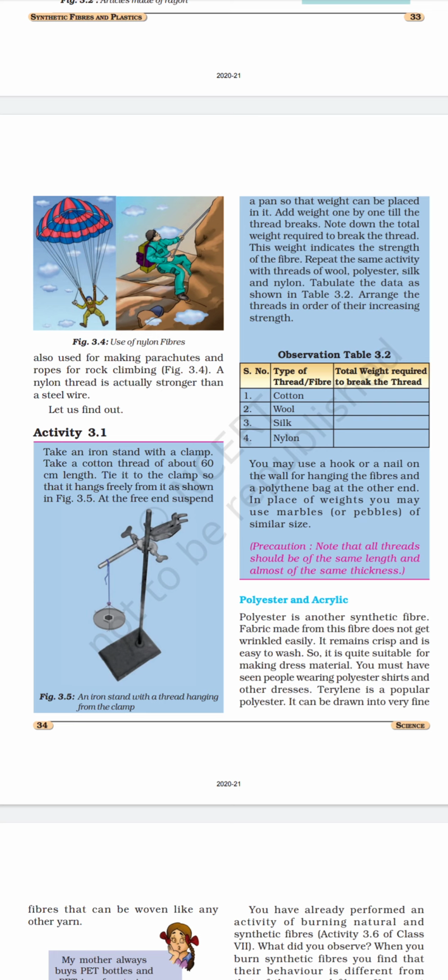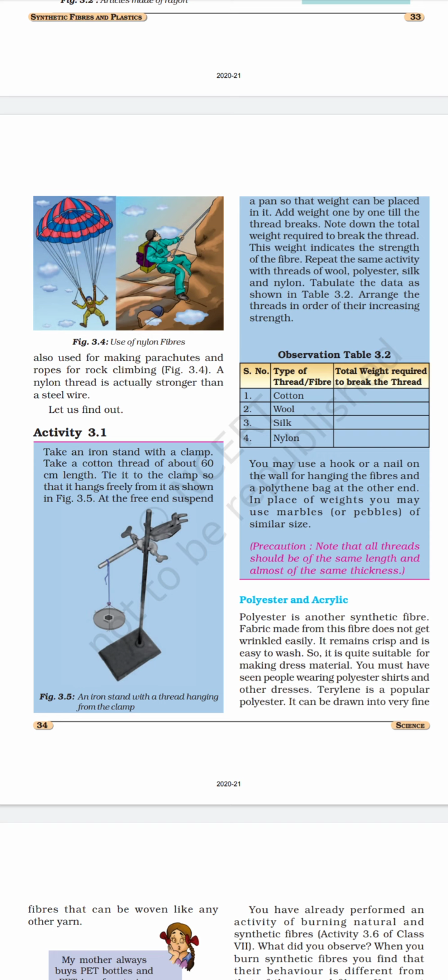Fourth, synthetic fibers are wrinkle resistant. Fifth, synthetic fibers are quite lightweight and extremely fine. And synthetic fibers are not attacked by moths, and they also do not shrink. So, these are some characteristics of synthetic fibers.